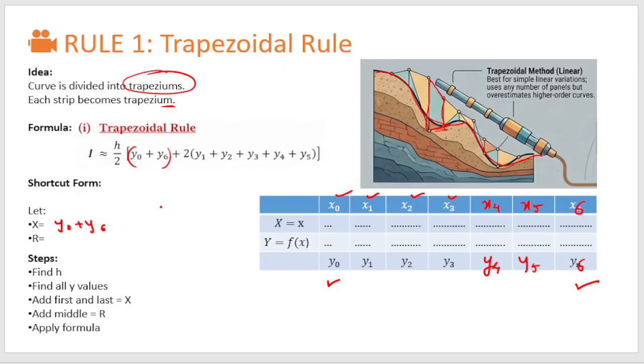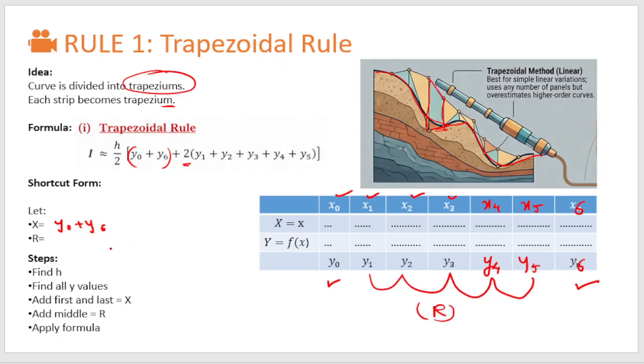First value and last value, y0 plus y6, plus the remaining ordinates. What are the remaining ordinates here? y1, y2, y3, y4 and y5. Add all these ordinates, and multiply the remaining ordinates by 2.